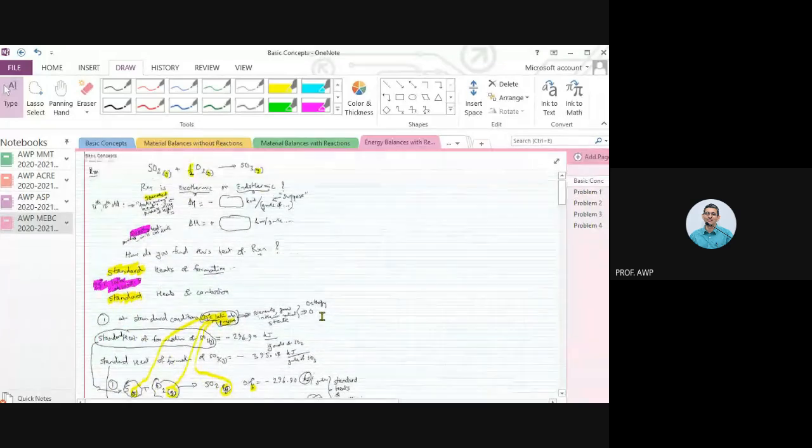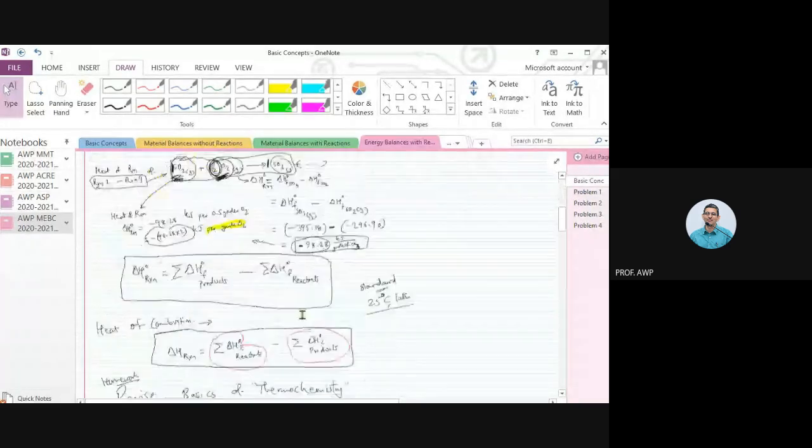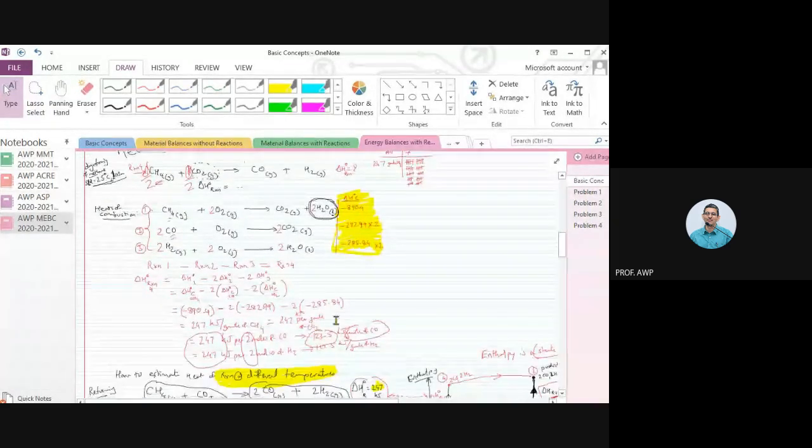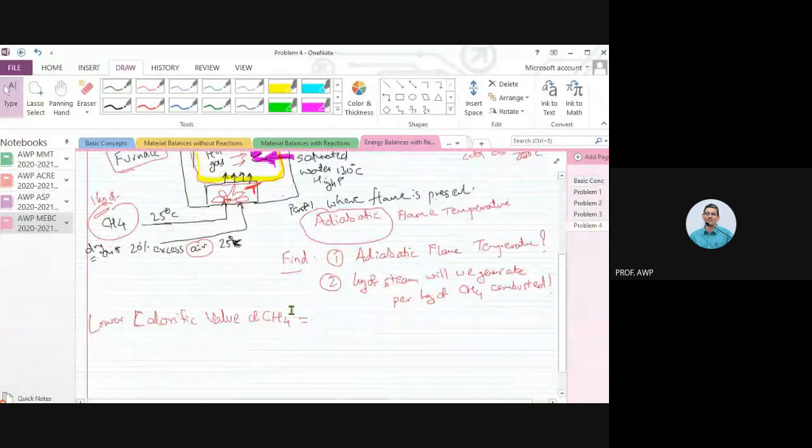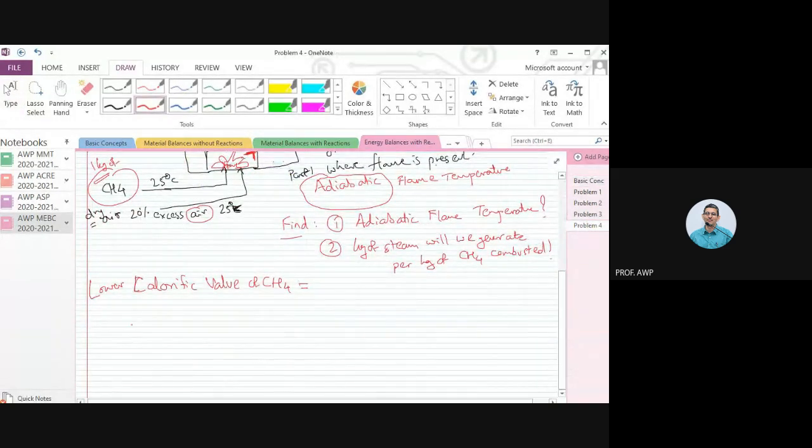Where did we talk about these calorific values? Or just Google lower calorific value of methane. We are going to have 20% excess air.